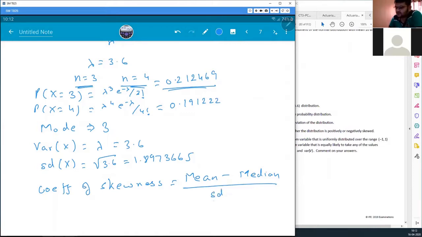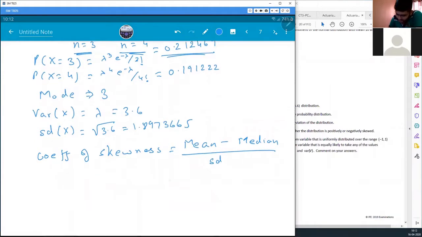Okay, this is one of the formulas. This is not the only formula. Most widely used formula for coefficient of skewness is actually skewness of x divided by standard deviation of x cubed. So these two are different formulas. Both will give you two different answers, but both are acceptable answers.